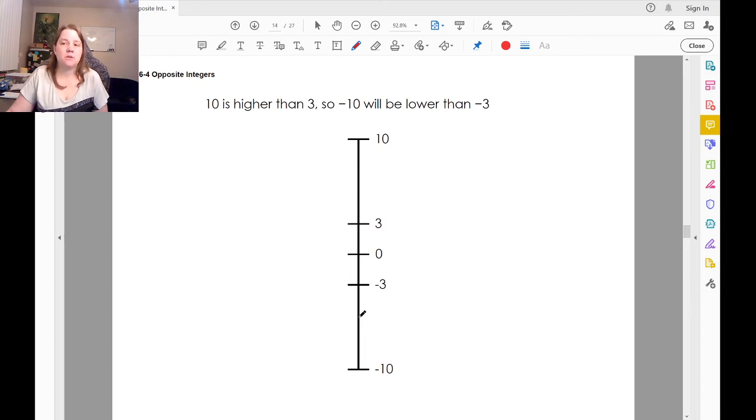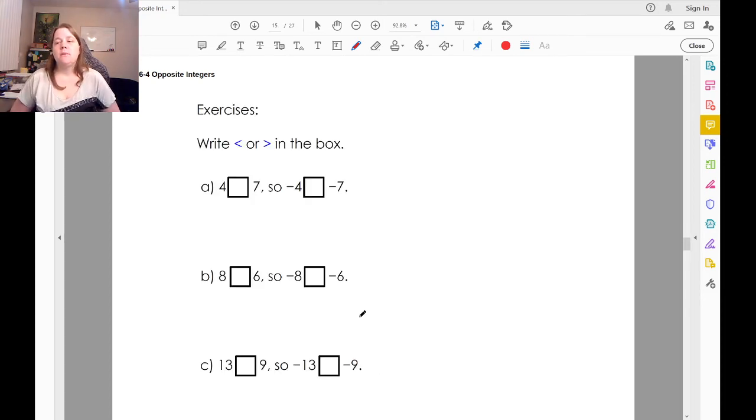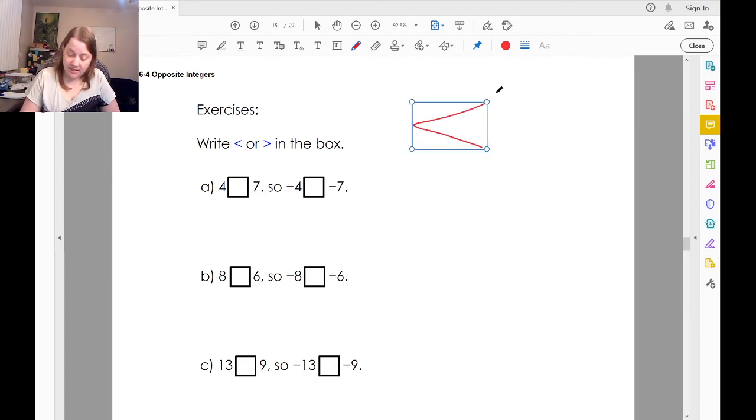Things just go backwards. They want us to write the symbols in the box. Don't forget the greater than, less than signs, where we talk about either Pac-Man or the mouth. It wants to eat the bigger side, or the bigger side of the sign goes to the bigger number.